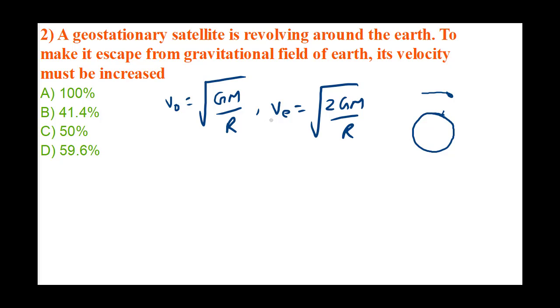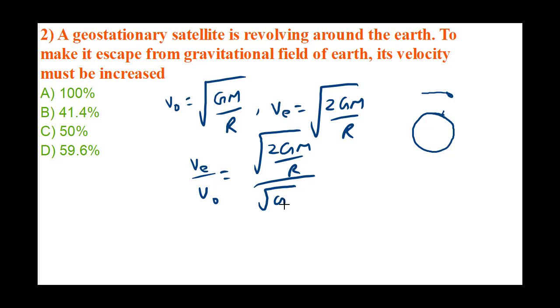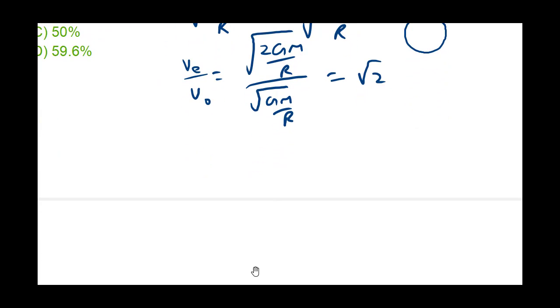So how do we find the amount of change? We take ve upon v0. Here we have under root 2GM upon r upon under root GM upon r. So what we are left with is root 2. So ve upon v0 is root 2.